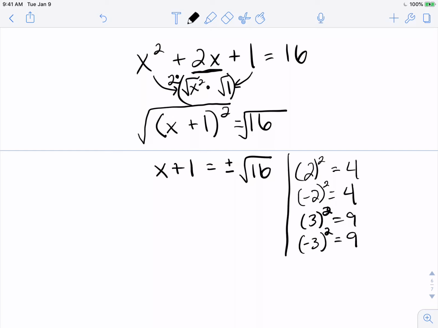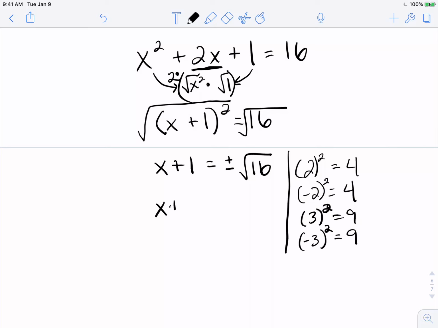All right. So because if you're saying the square root of something, you could have two possible solutions. In this case, negative 4 is a solution, and positive 4 is a solution, because negative 4 squared equals 16, and positive 4 squared equals 16.